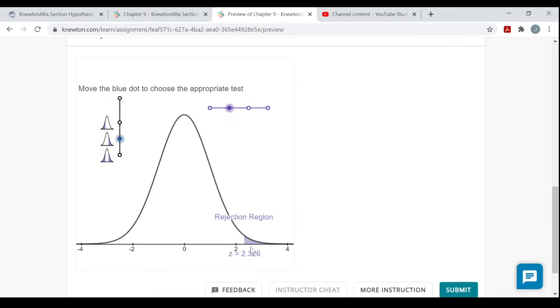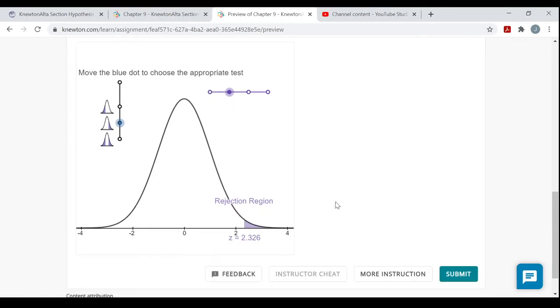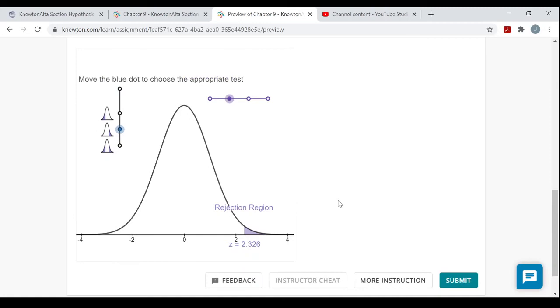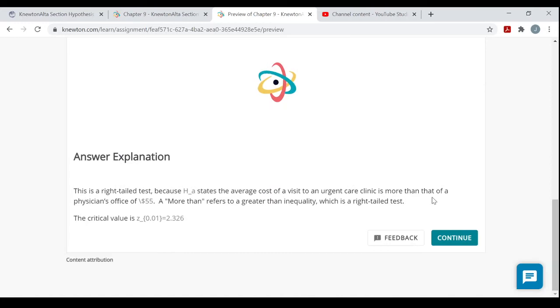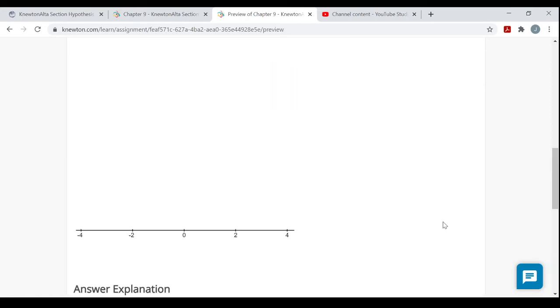There it is, the critical value, 2.326. Oh, all right, so it just said move the blue dot to choose the appropriate test. So we did that. Right tail test. Okay, good. And I think there's probably more to it.